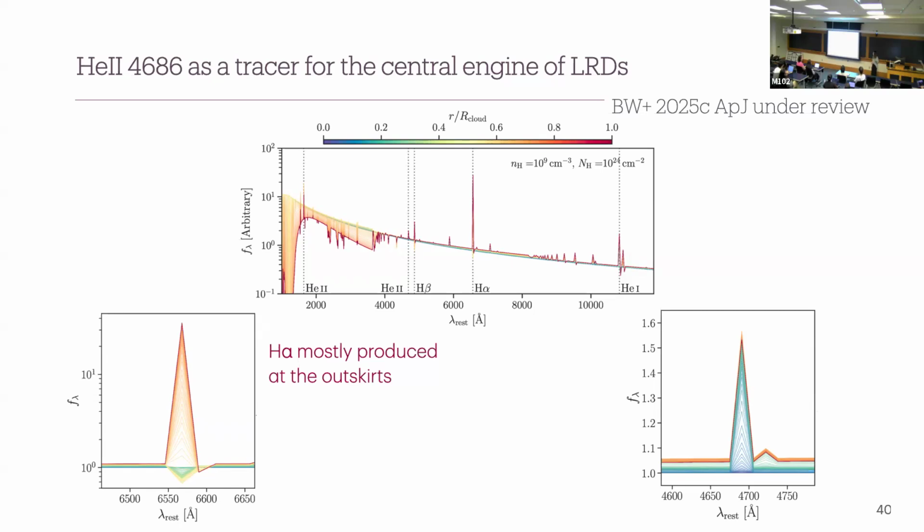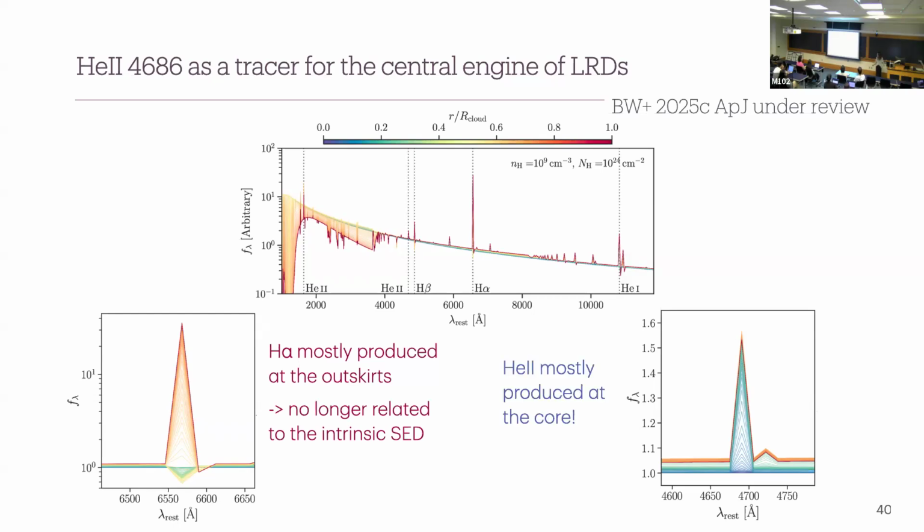Now, the problem with H alpha is it flips into absorption first because the optical depth of hydrogen is so large. And then as it propagates through the gas, we see emission. This means the connection between H alpha and the intrinsic ionizing spectrum gets lost if the ionizing source is behind a dense gas cocoon. The line is more sensitive to the gas physics rather than the intrinsic properties.